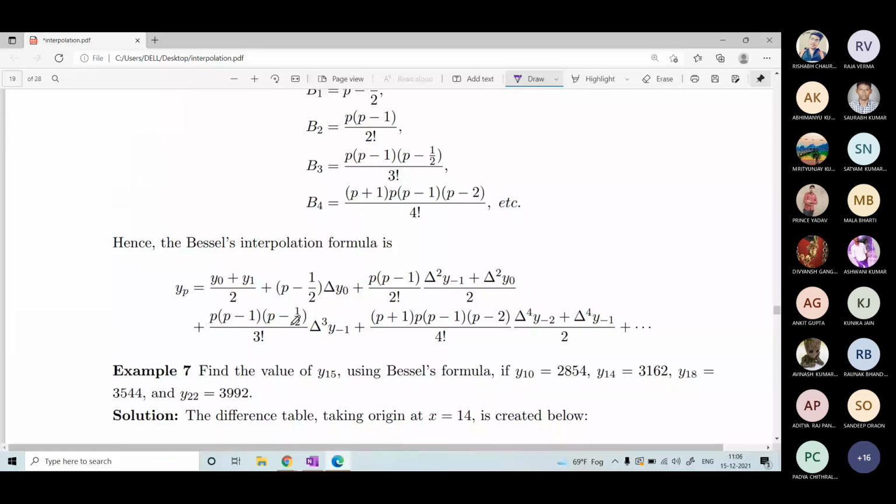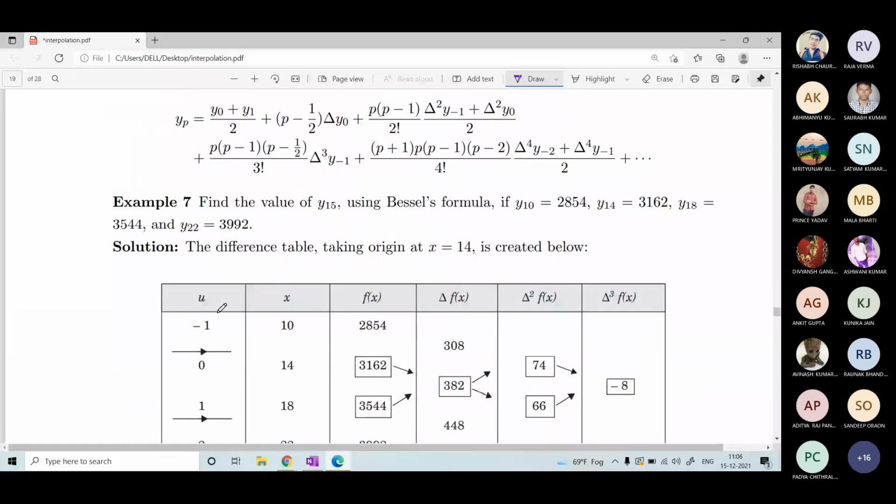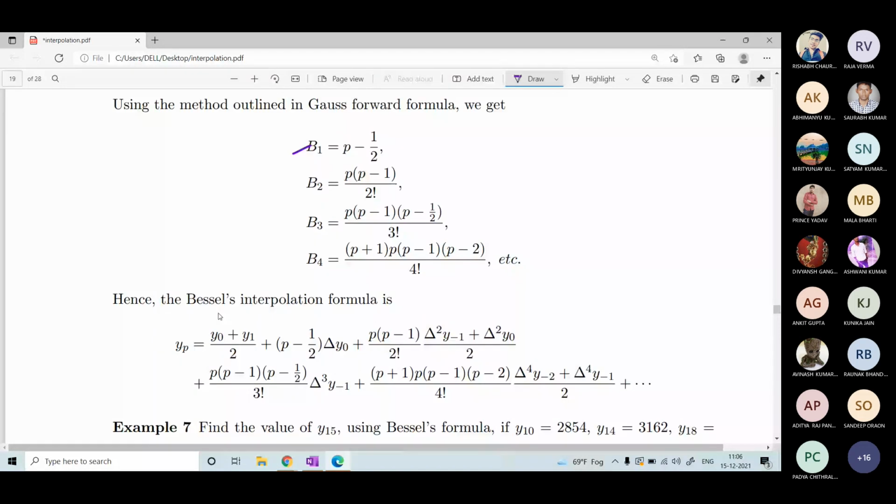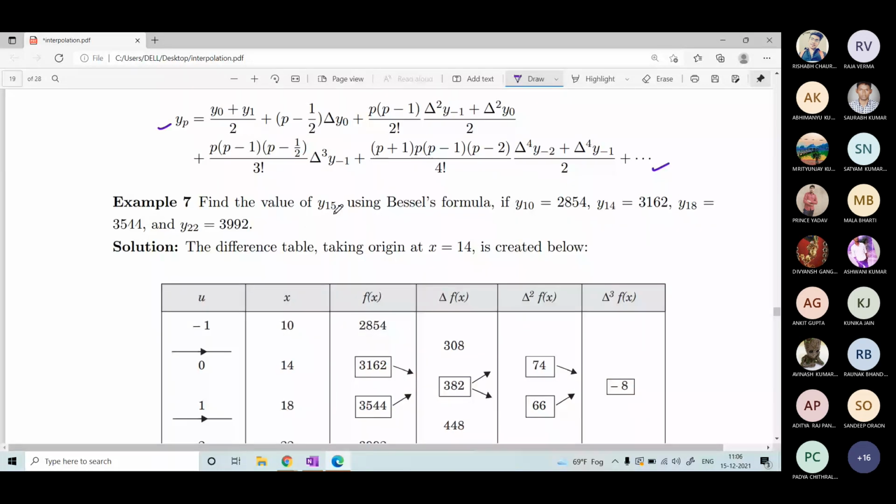So let us see how Bessel's formula is used to interpolate the data. You have to remember Bessel's formula. You are given 4 data points. Y at x equals 10 is 2854.